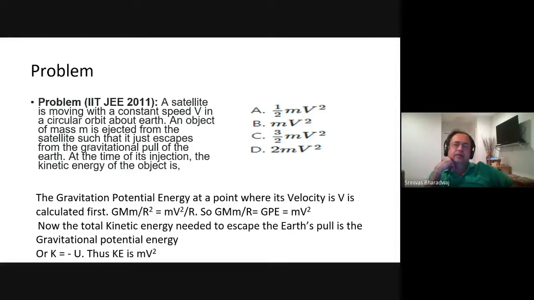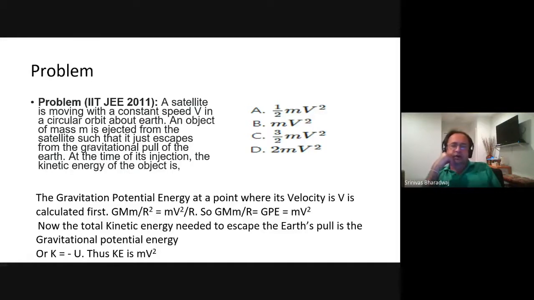So GMm by r should equal... if you gave it as much energy, what is the current kinetic energy? Half mv square, right? You must give twice that in order for it to escape.